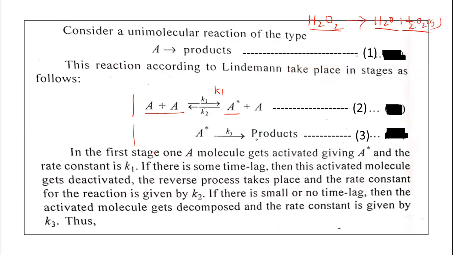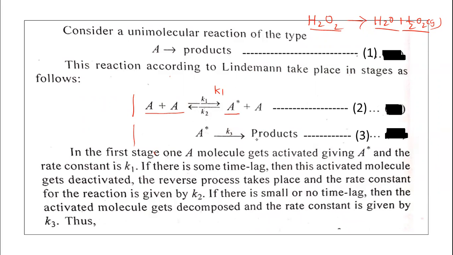So you can see here the path of the reaction. The two reacting molecules are A and A. One molecule gets into the activated state, that is A star, and A star is converted to the products. This is the mechanism of the reaction.